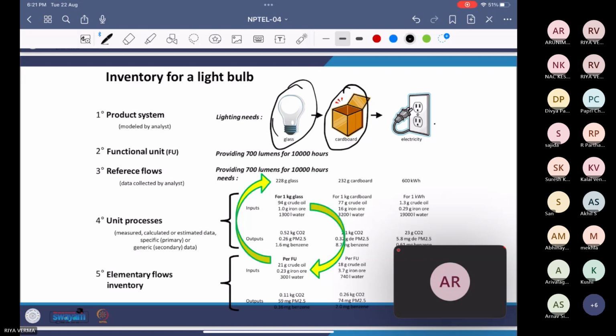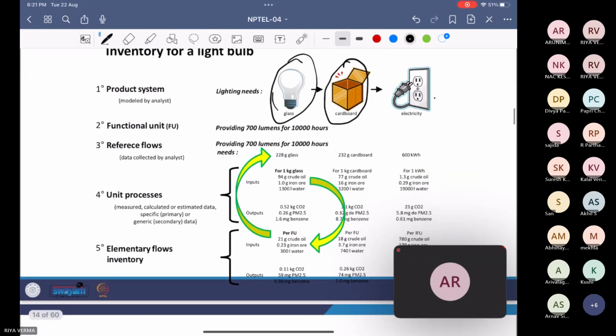The reference flows, this is the data that is collected by some analysts. So for 700 lumens for 10,000 hours, we need 228 grams of glass, 232 grams of cardboard, and 600 kilowatt hour of electricity. This is the requirement.